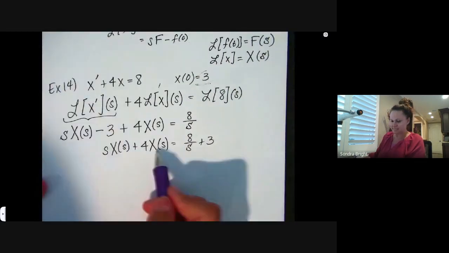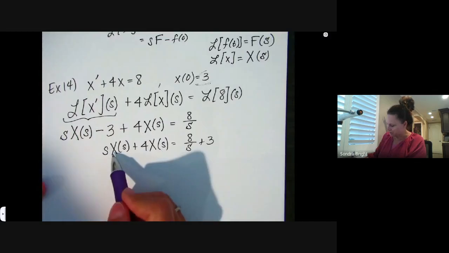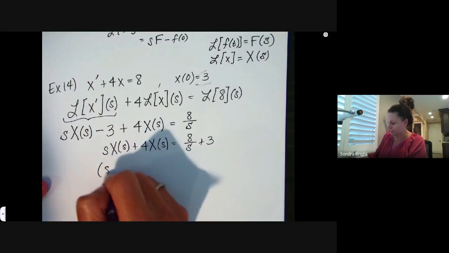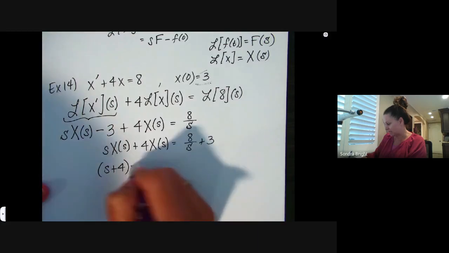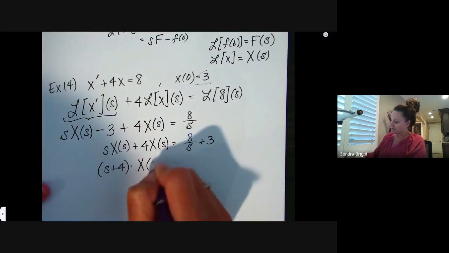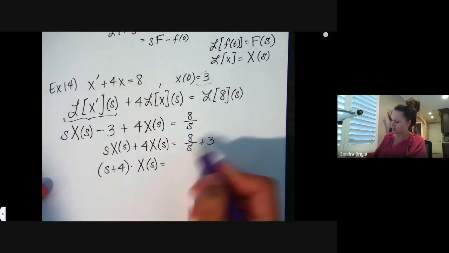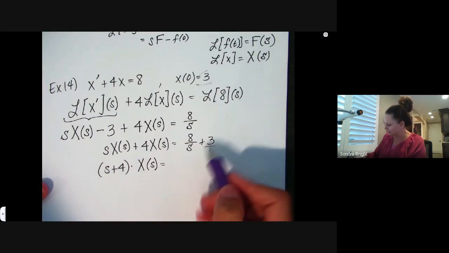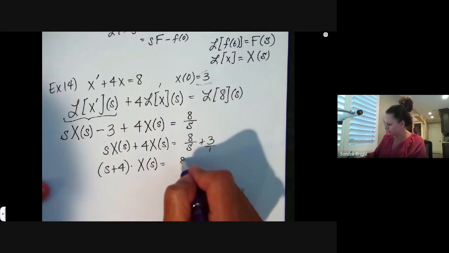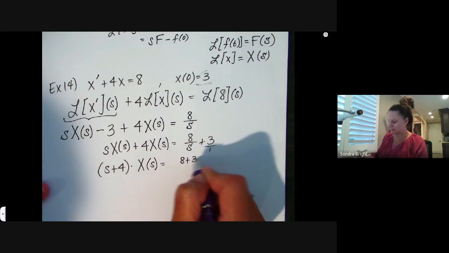These guys both have the X of s in common. I'm going to factor it out, and I would be left with an s plus 4 times big X of s. And then this is like over 1. To add it, I need a common denominator, so this is equivalent to 8 plus 3s over s.